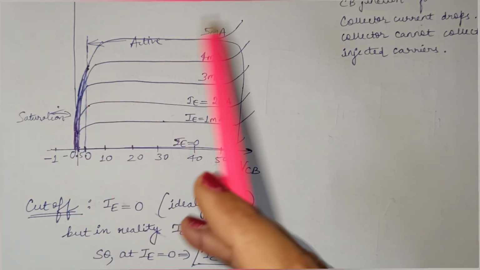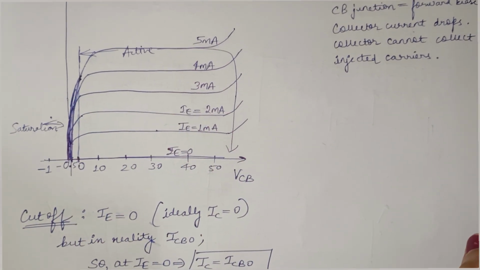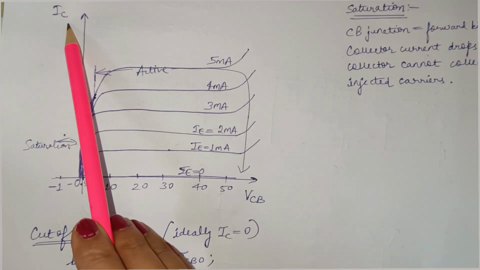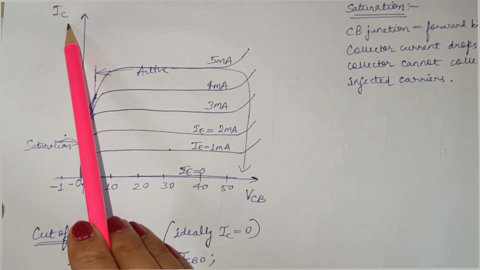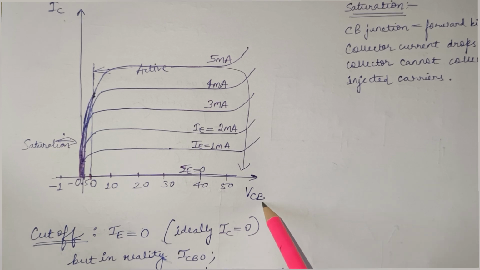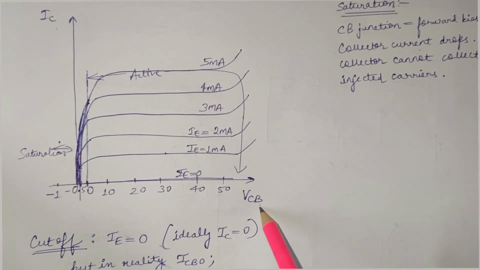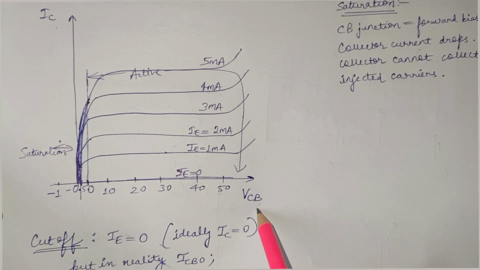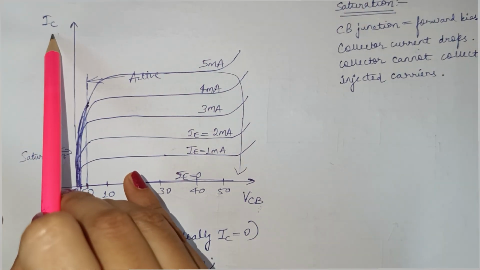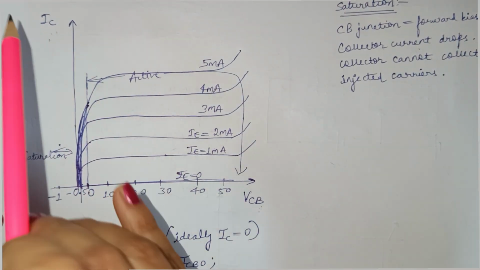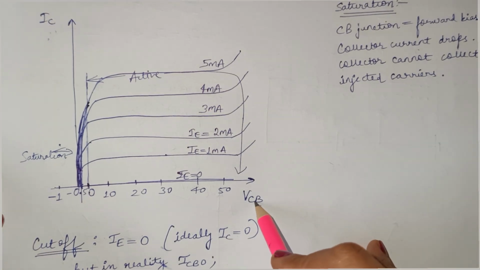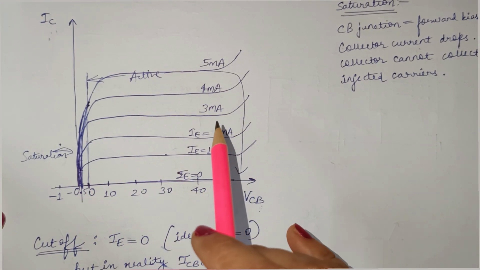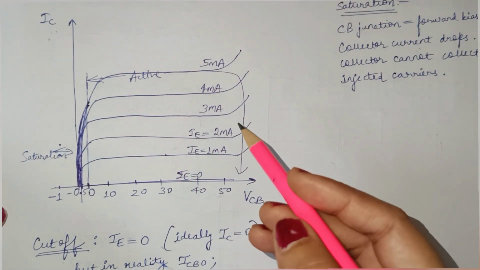Now the second information which we want to get is our output characteristic curve, which is plotted between collector current, which is our output current, and VCB. And VCB is actually collector to base voltage, and it is also the output voltage. So for a given output current and output voltage, we give various values of IE. And what is transistor action?